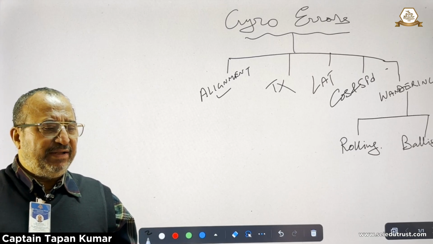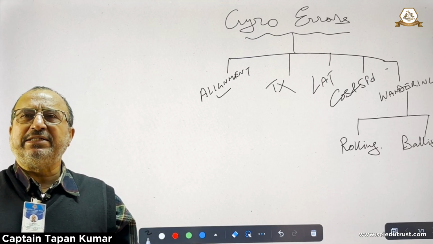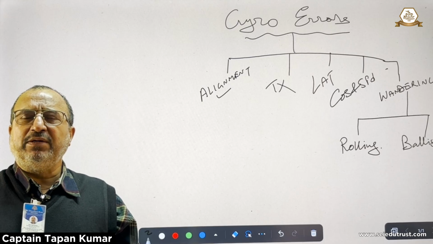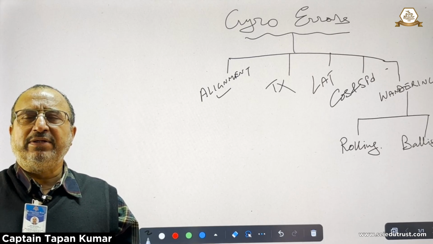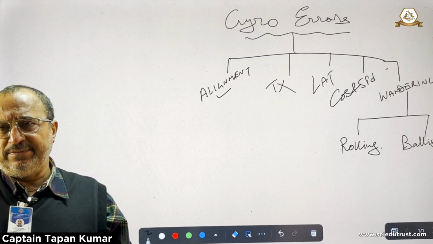So each and every movement is transmitted to the reception unit, and finally it aligns with the master gyro compass. That is the arrangement which is there.